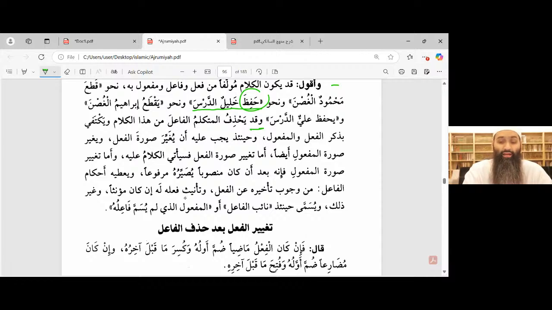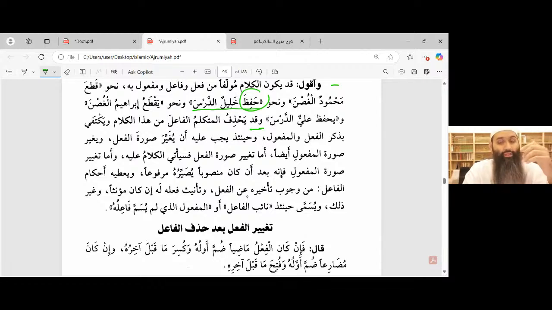Also وتأنيث فعله له إن كان مؤنثا, and likewise if the نائب الفاعل is mu'annath, then its fi'l must also have the sign of ta'nith. That's what it says here: وَيُعْطِي أَحْكَامَ الْفَاعِل. It gives the أحكام الفاعل. They've given you two examples: من وجوب تأخير الفعل, it must be delayed after the fi'l, just like the fa'il.